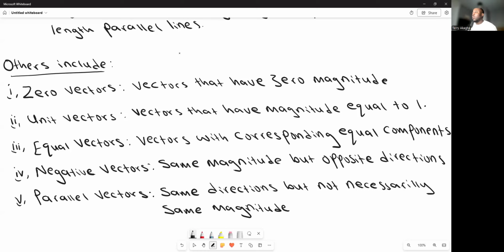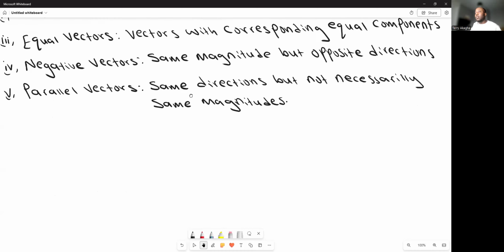Okay, so same direction, but not necessarily the same magnitude.